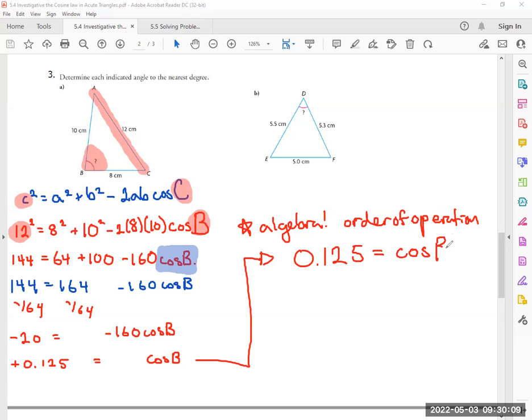Because, oh, you're dividing by negative 160. Correct. Yes.